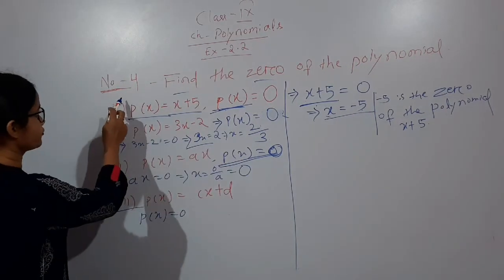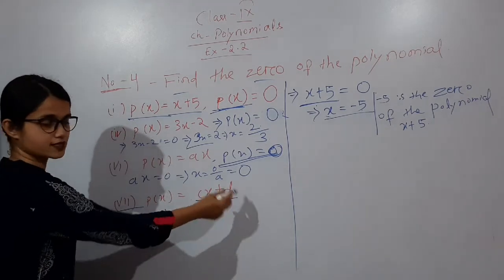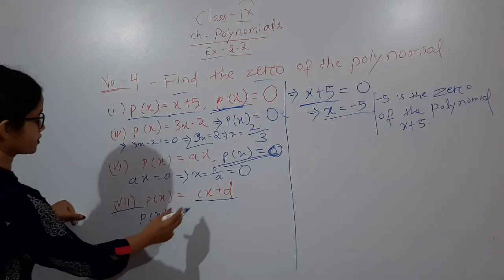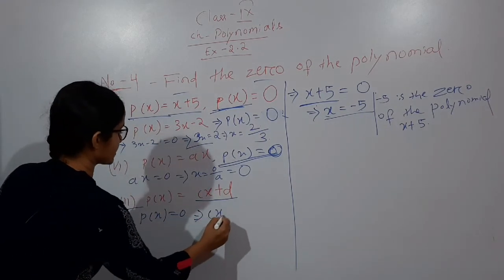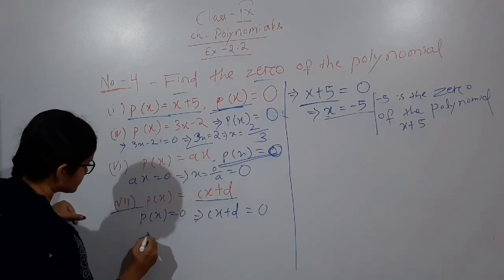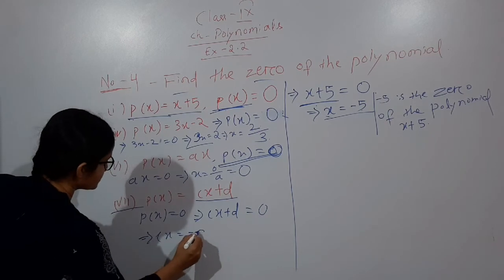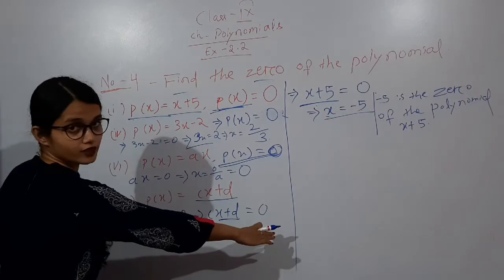And we can say that part of question number 4. Okay, so p(x) is equal to cx plus d. As we know, p(x) should be equal to 0, and in the place of p(x) we have to write cx plus d is equal to 0. Implies that cx is equal to minus d, because d is on the left hand side, it will go to the right hand side.